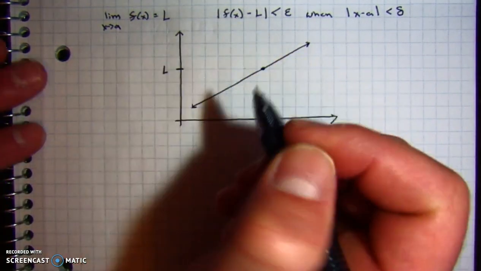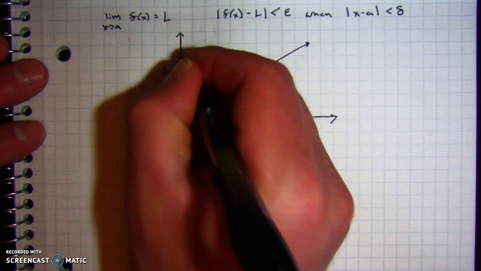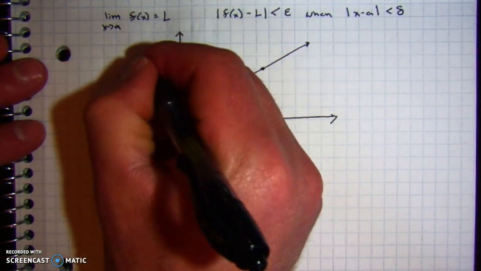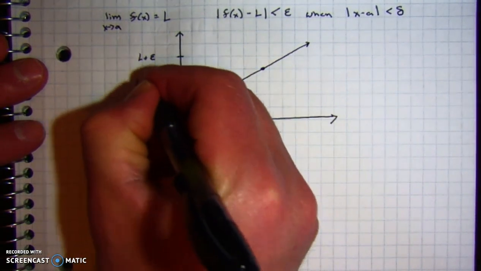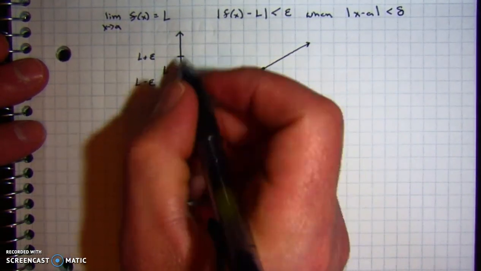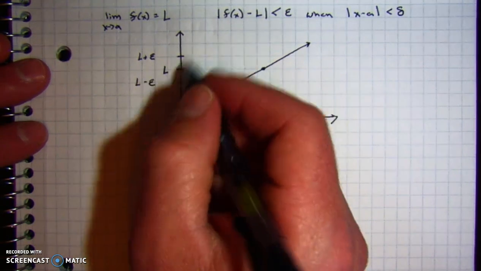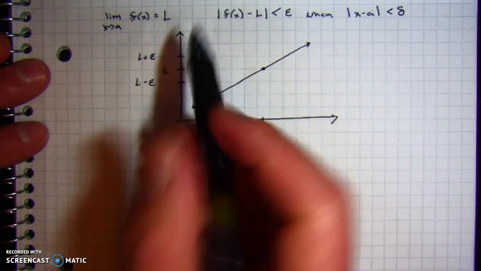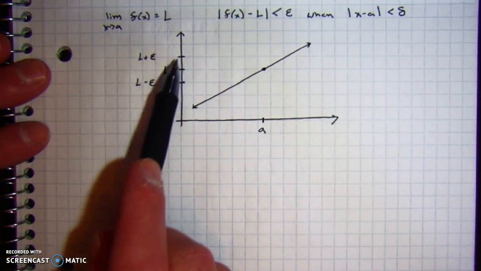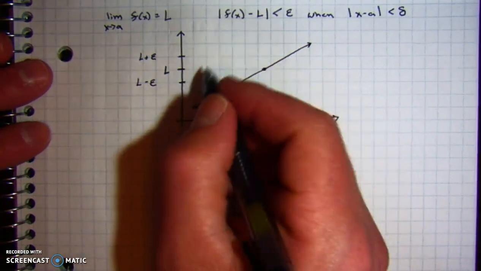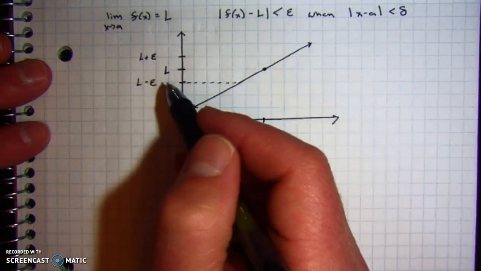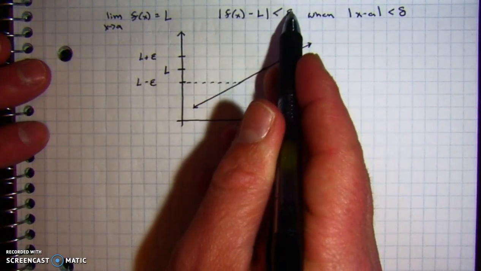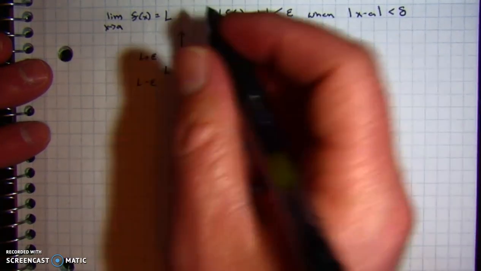So we'll call this L plus epsilon and L minus epsilon. This range from here to there is where, if we're in that range on the y-axis, we're within our value of epsilon.